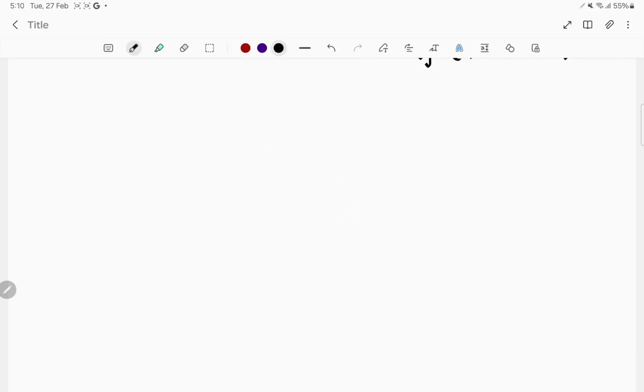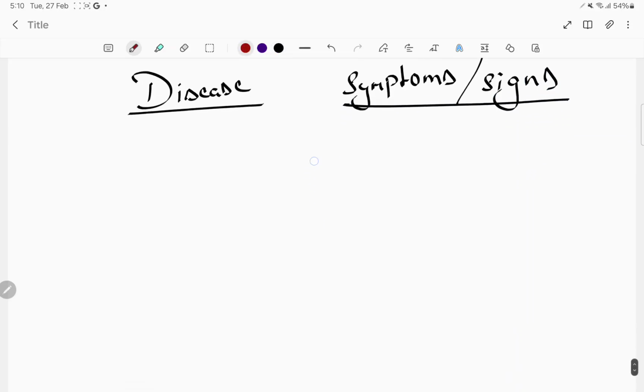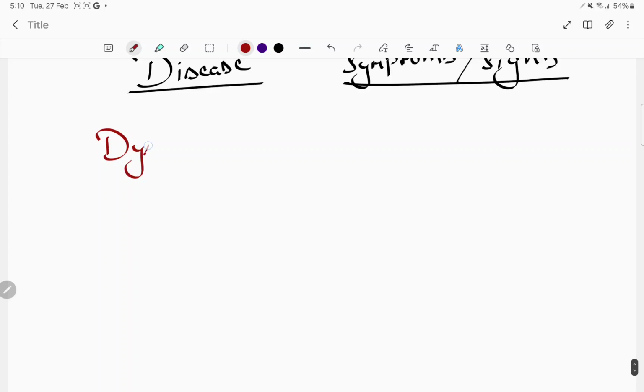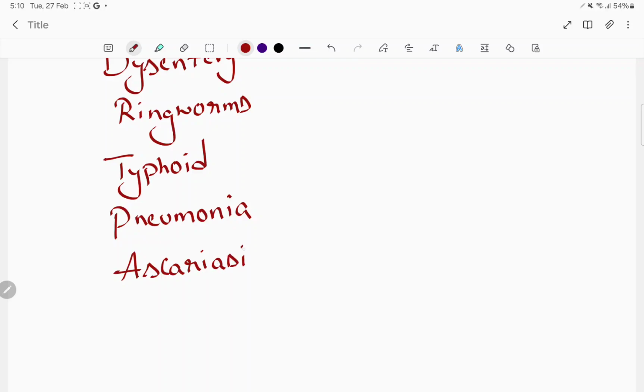Next, I'll write the diseases and we'll find out the marked symptoms and signs. Again, dysentery, ringworm, typhoid, pneumonia, ascariasis.